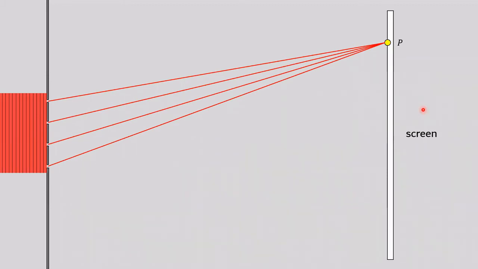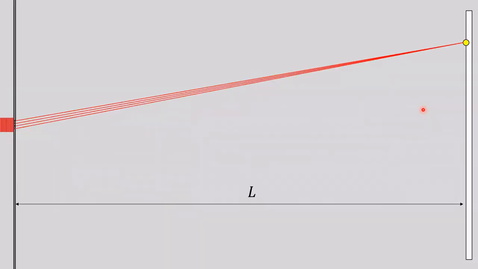You will recall, this is the slide that we used to look at the geometry of multiple slit interference. The screen is much farther away from the slits compared to the separation between the slits. And when we look at a particular point on the screen, we can assign it a coordinate y.